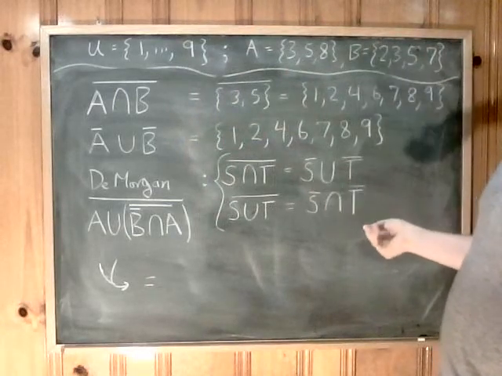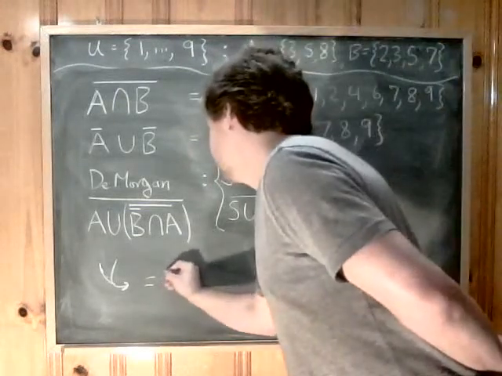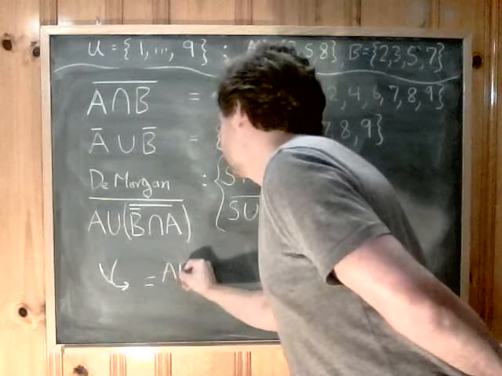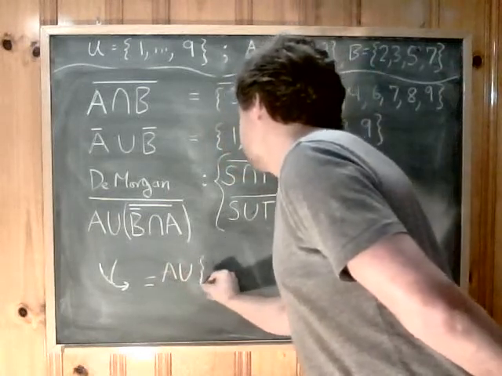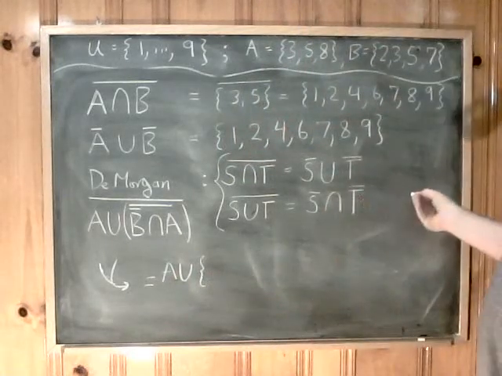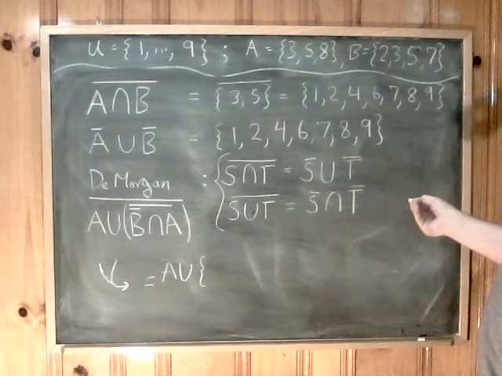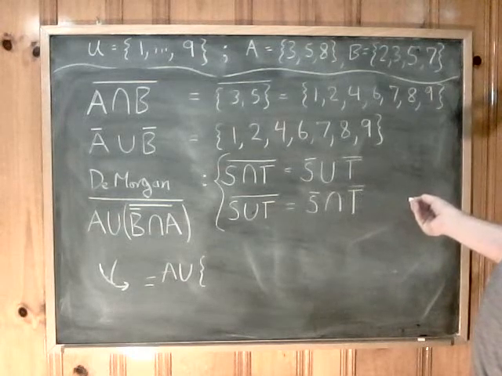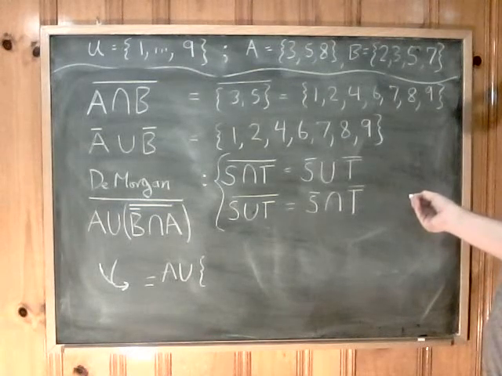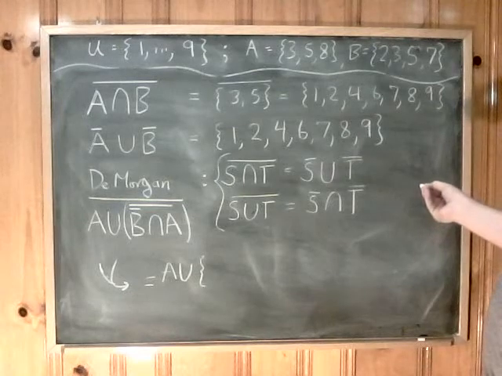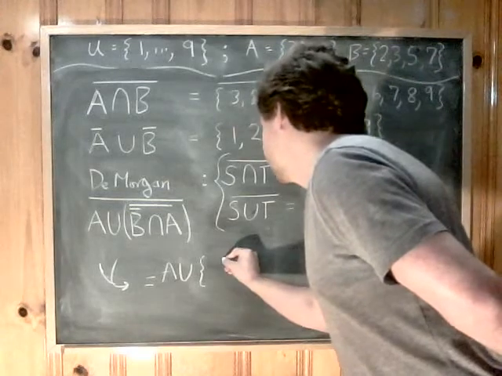So first I'll find B complement intersect A. So let me write the work that's still to be done. B complement intersect A is just the same thing as we saw earlier as A minus B. So looking back at the top, I'll have 3, 5, 8 minus the 3 and the 5. So that will be 8.